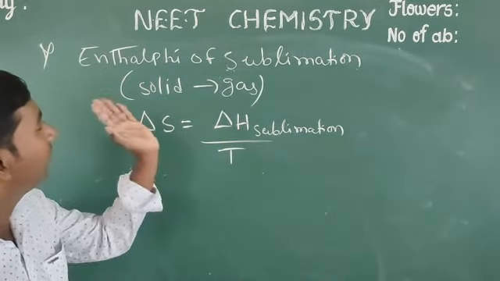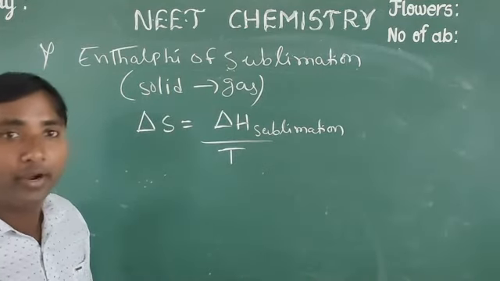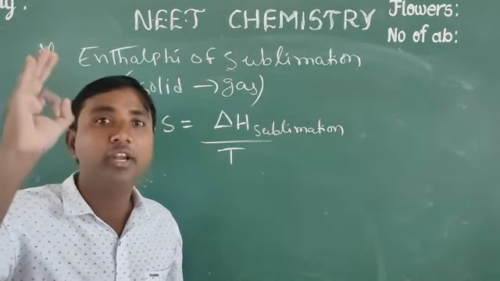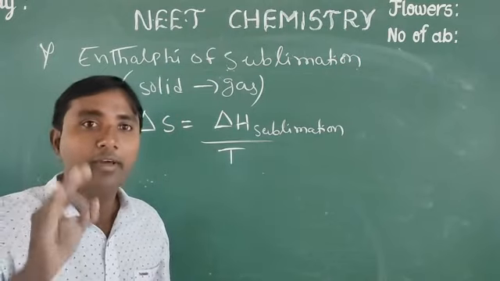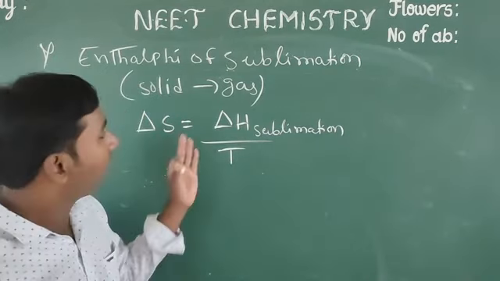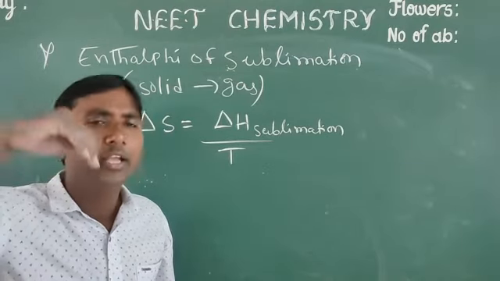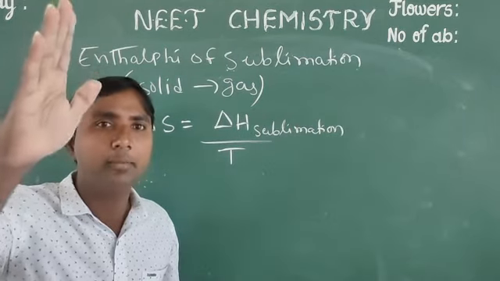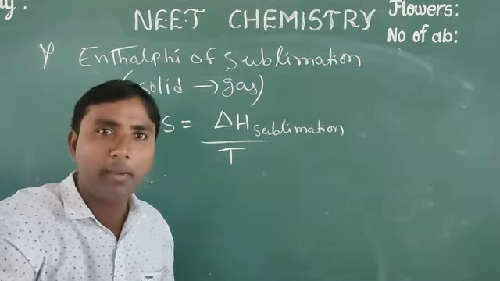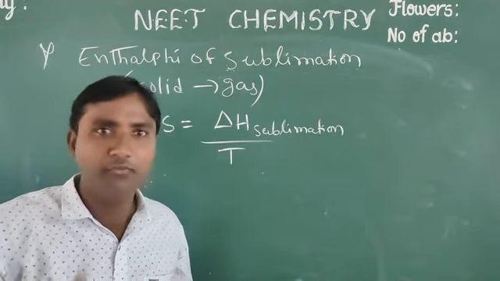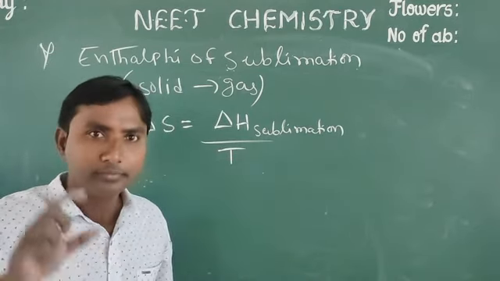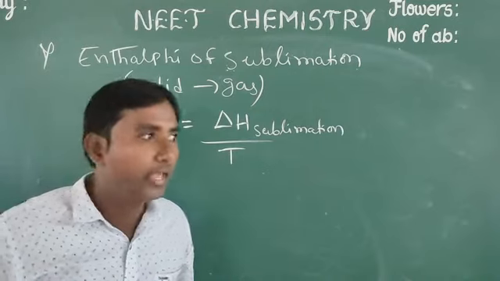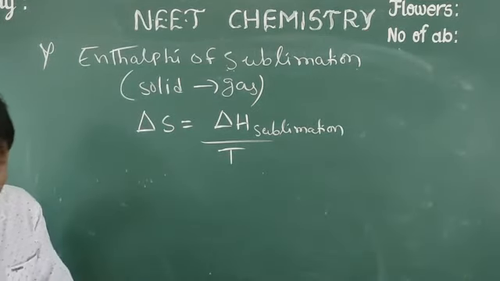These three formulas are very important, especially enthalpy of vaporization and enthalpy of fusion. In these three cases, you take directly entropy change equal to enthalpy change by temperature. They only mention in the sums whether it is vaporization, sublimation or fusion.